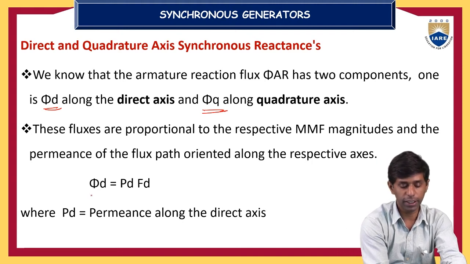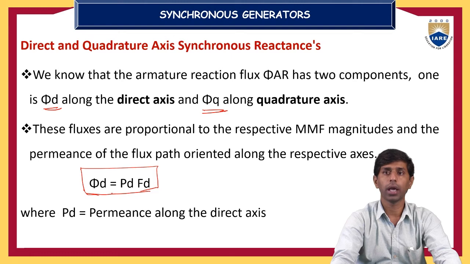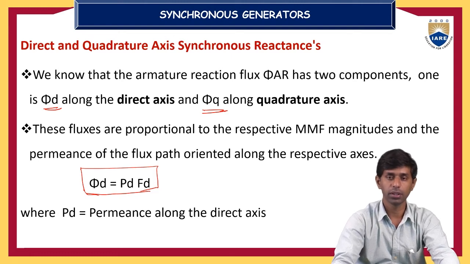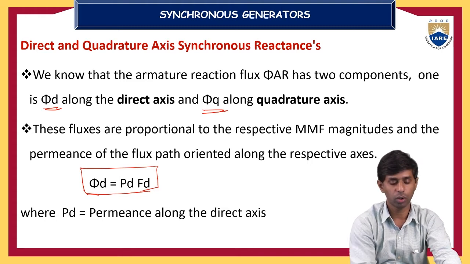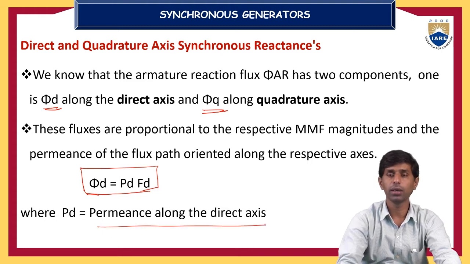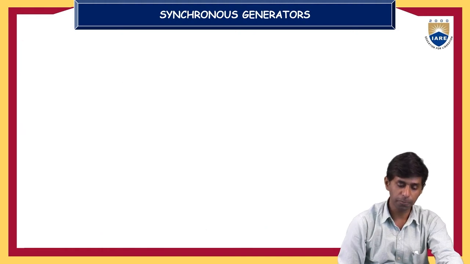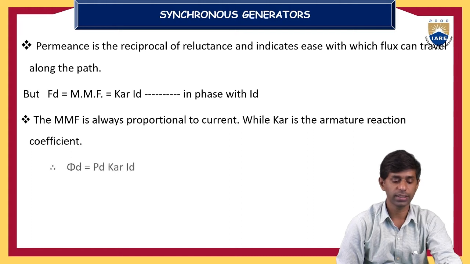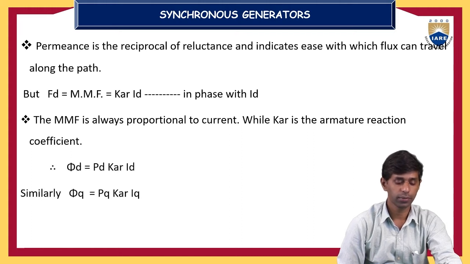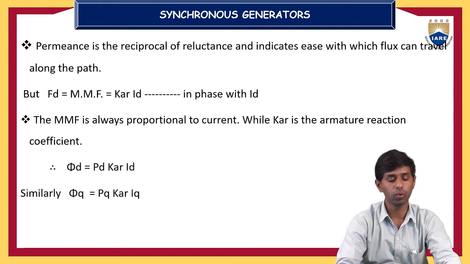That is, phi d depends on the MMF magnitude Fd and the permeance Pd, the permeance along the direct axis. Similarly, you can write the expression for the quadrature axis, phi q.